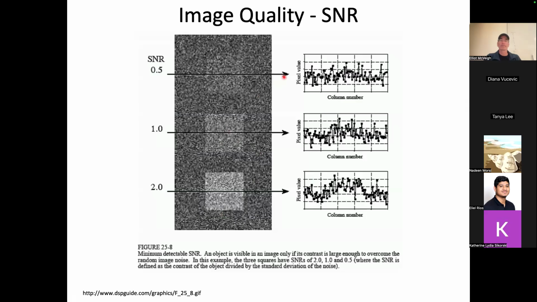Okay, so just to give you a gestalt of what different SNR values look like, let's start with SNR of 1. So that means the signal difference between this patch and the background. If I look at the mean of this and the background, I get some value.